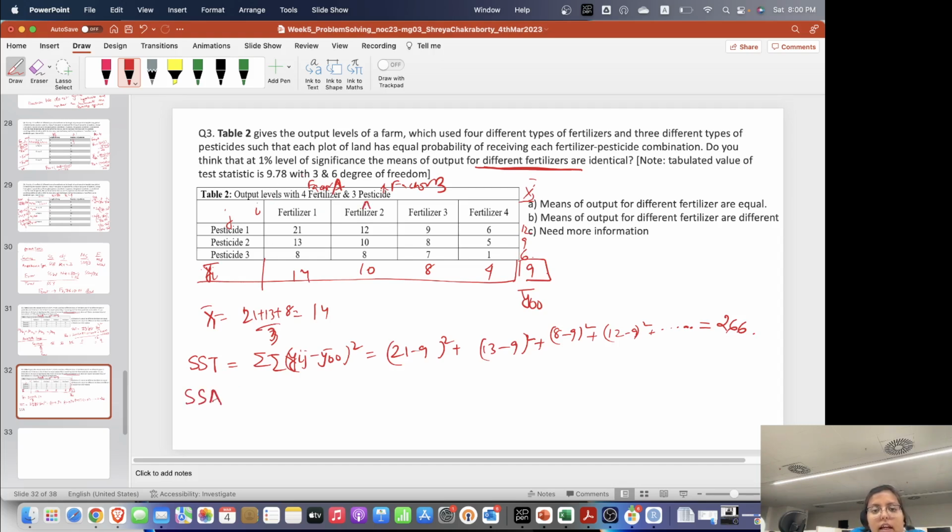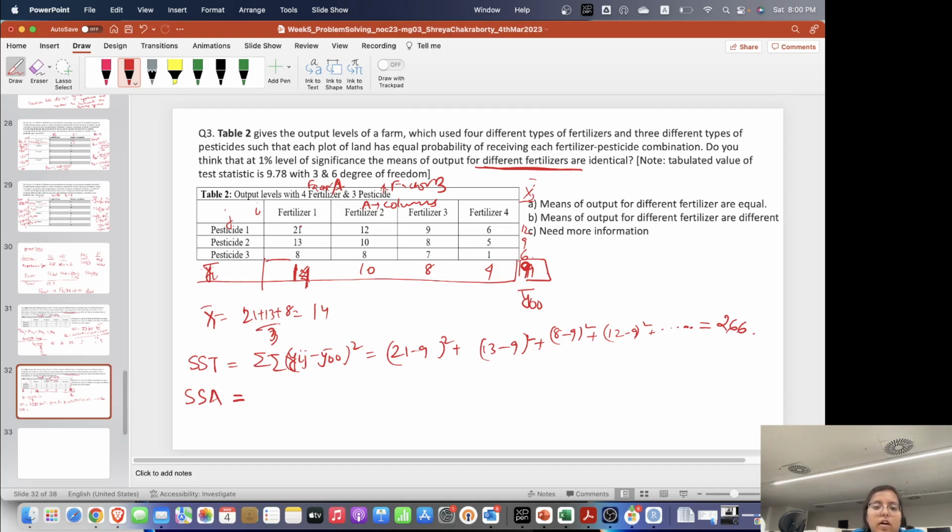Now SSA, A is my columns. Okay, factor A is columns. So SSA will be, we are going to find out how much these column means are deviating from the grand mean. You remember we were multiplying it by n.